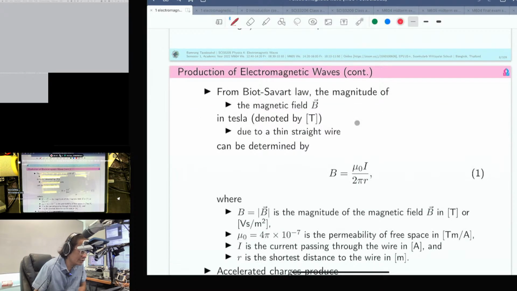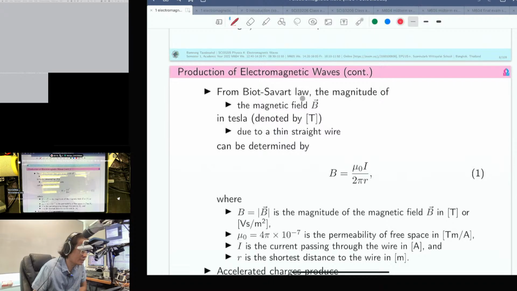The way to determine the magnitude of the magnetic field was developed by two people. The first one is Biot, and the second person is Savart. In order to give some dedication to both of them, we say this is the Biot-Savart law.